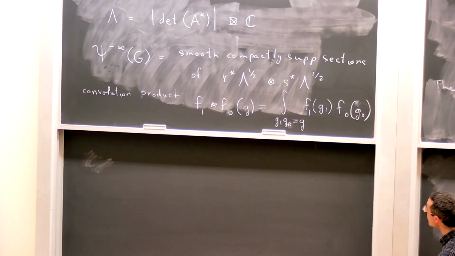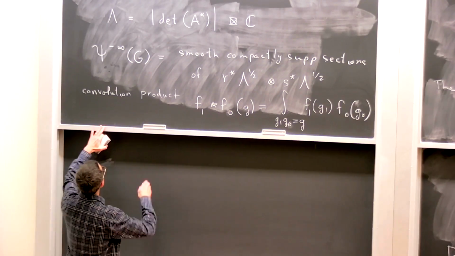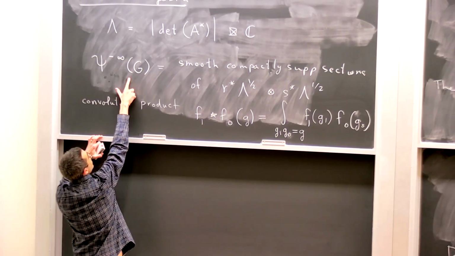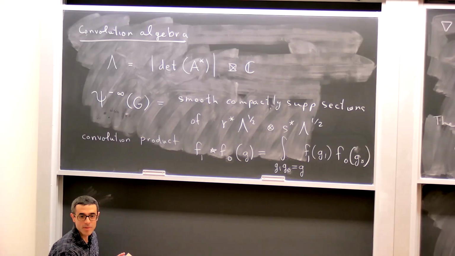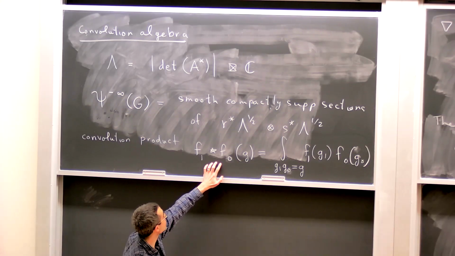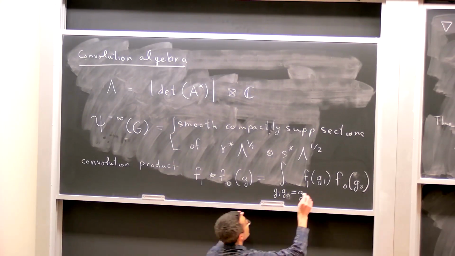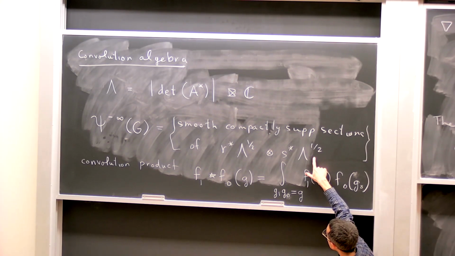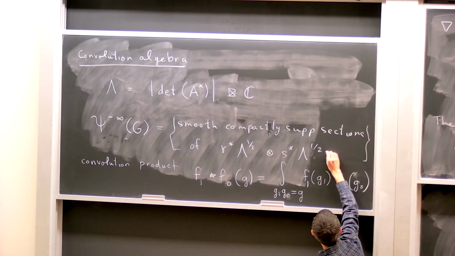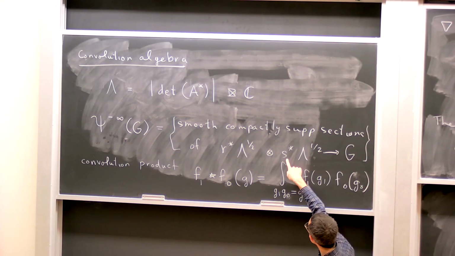Which goes from where to where? So the convolution product goes from where to f0 and f1? They live in here. I'm saying that this is an algebra with this product. If you have two sections of this bundle, I should have emphasized this is a bundle over G, because I pulled these things back.